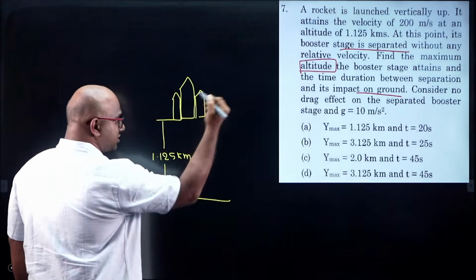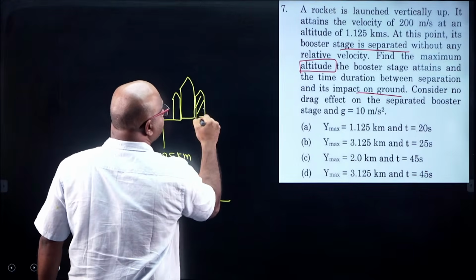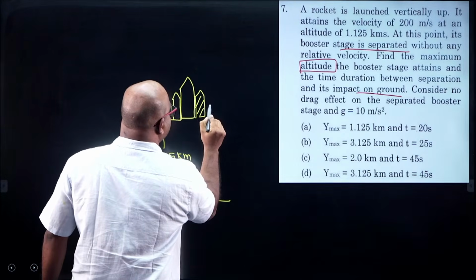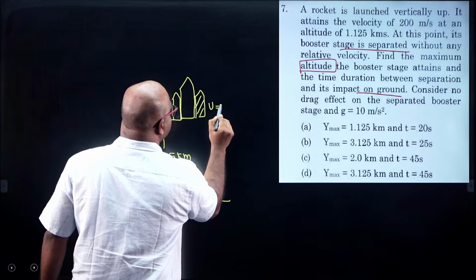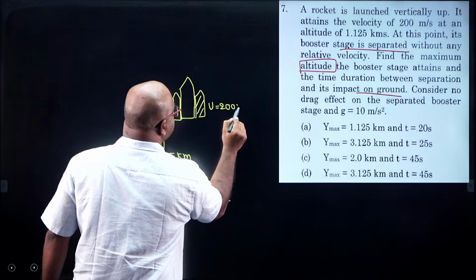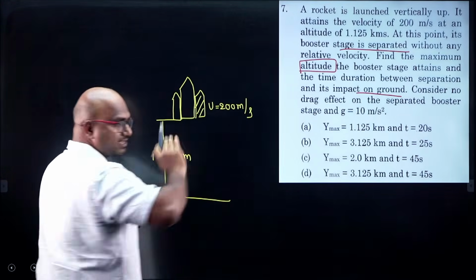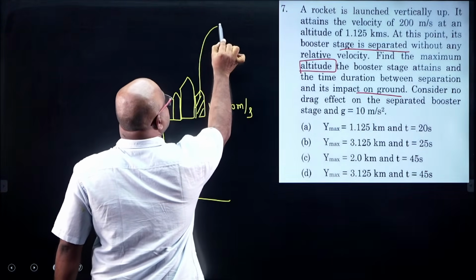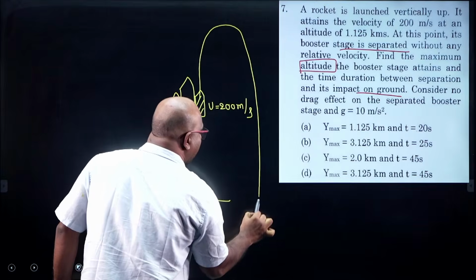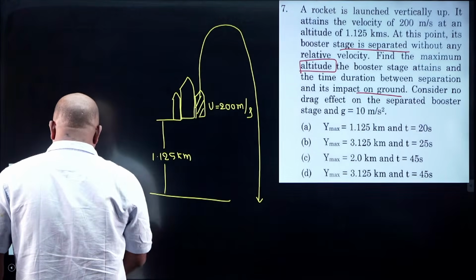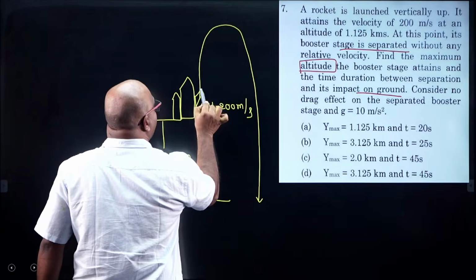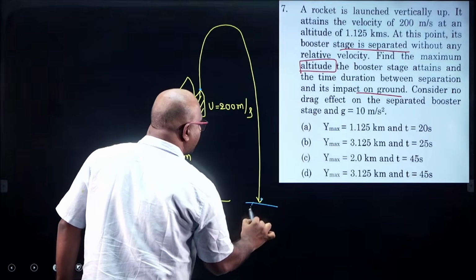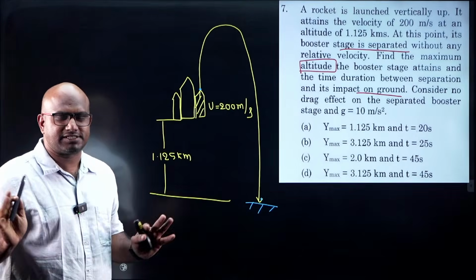At the time of separation, the velocity of this booster is 200 meters per second, so my initial velocity is 200 meters per second. The question is asking how much height it can go, and how much time it will take from starting to ending, from this point to where it hits the ground.